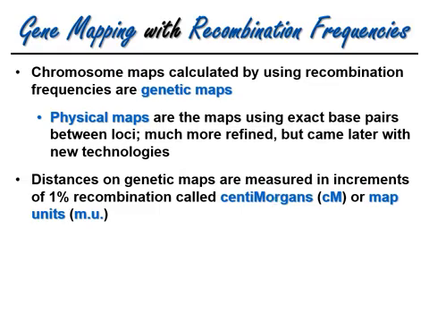Just like in chemistry, individual atoms' masses are the atomic mass, or you could call them Daltons, right? Because John Dalton came up with the idea of the atomic mass unit. So you could say 1 AMU, or 1 Dalton, same thing. So here you could say 1 map unit, or 1 centimorgan.